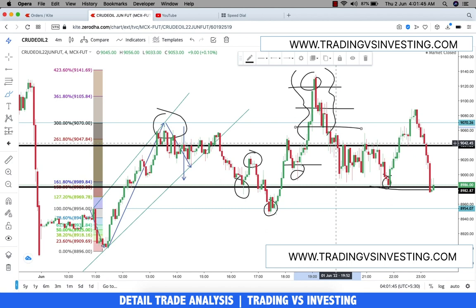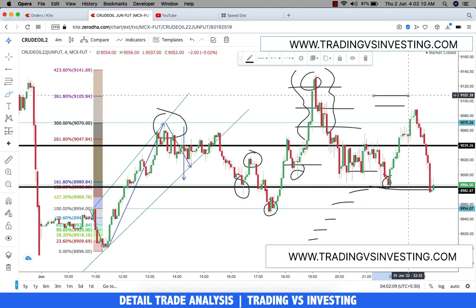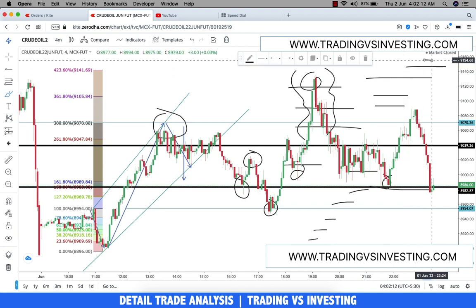To book the bigger profits, first of all, you must have a trading plan in which either there shall be the trailing stop loss or there should be multiple layers of profit booking. That means you are entering into the market with 1 lot, 2 lot, 3 lot, 5 lot, 8 lot, 10 lot, 50 lot. In that way, you should get out like this way: 1 lot, 5 lot, 10 lot, 20 lot, 50 lot.